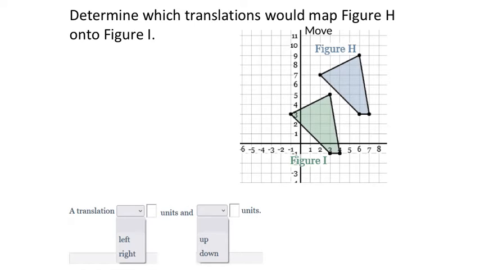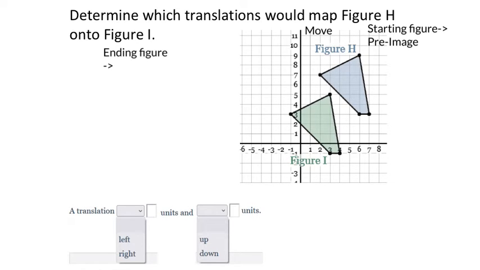So figure H, we're moving figure H, which means that's our starting figure, which also indicates that it is our preimage. We're going to move figure H onto figure I, so that's the figure that we're going to end with.